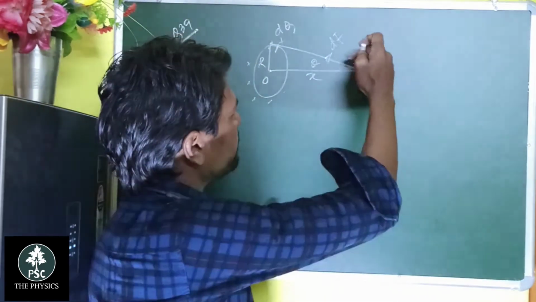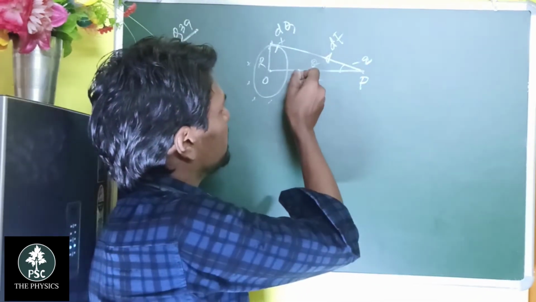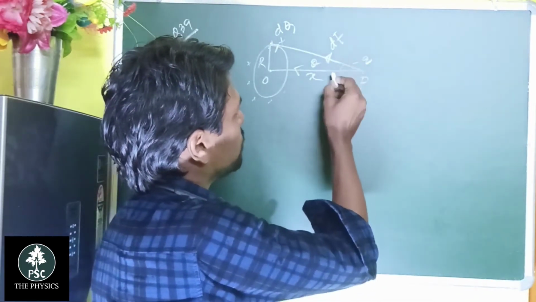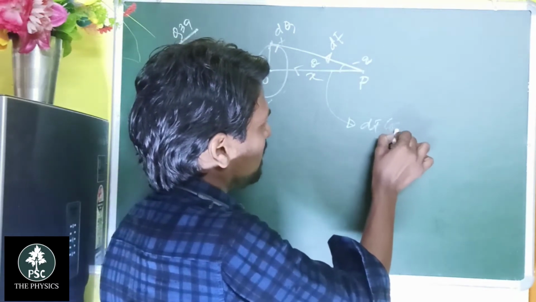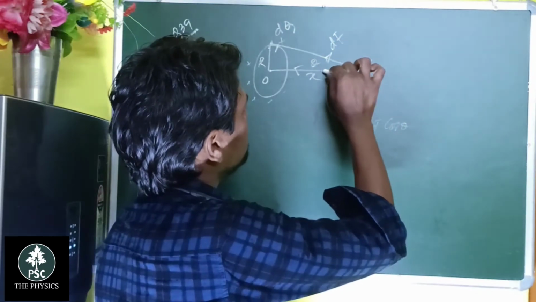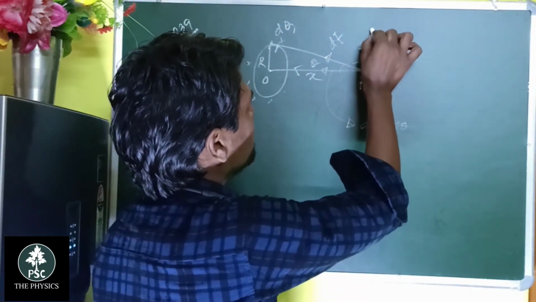जो force है df, you can resolve that particular force along this direction. So this is df cos theta, and along this direction it is df sin theta.